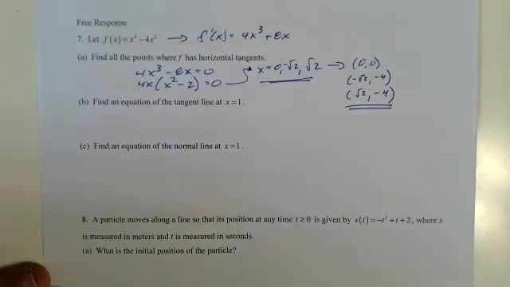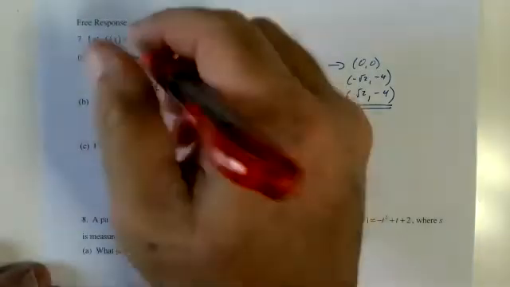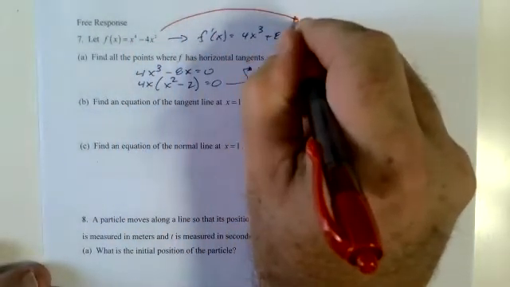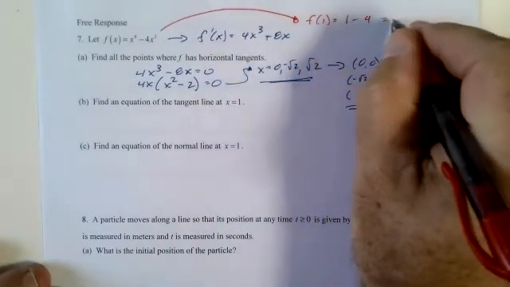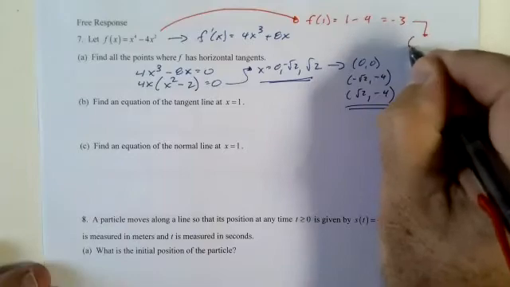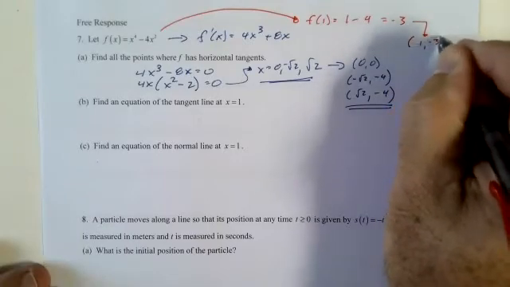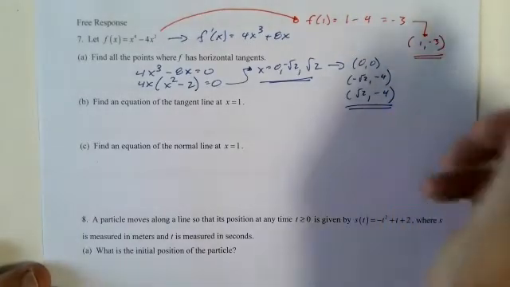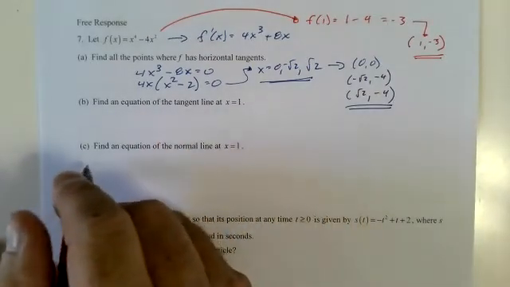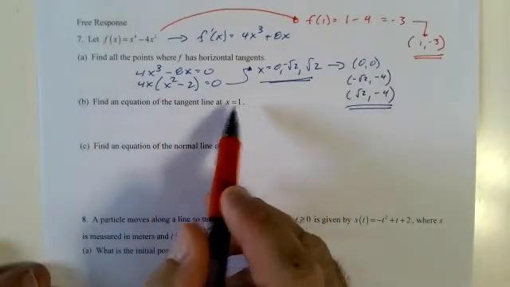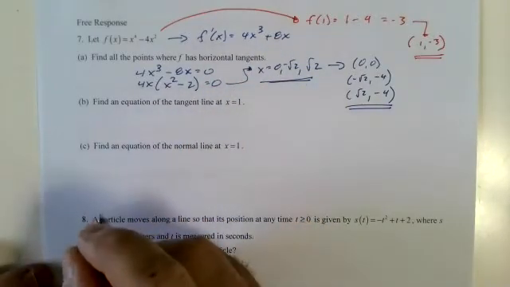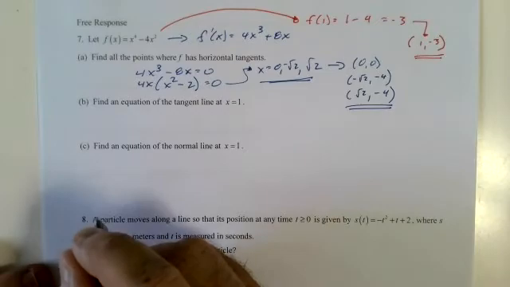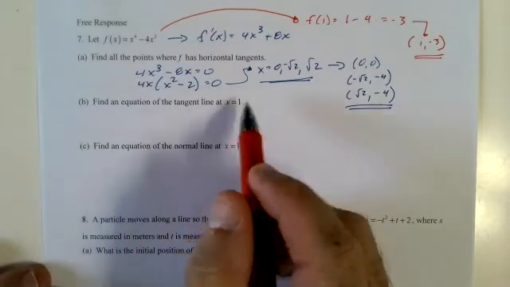Kind of a hassle. But equation of tangent line at x equals 1. I need that point, so let's go get that point. f of 1 equals 1 minus 4 equals negative 3. So that point is 1, negative 3. Kind of nice to know that. Tangent line at x equals 1: plug 1 into the derivative. 4 plus 8 is 12. Nah, that's not right. 4 minus 8.